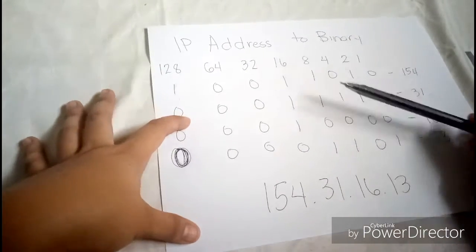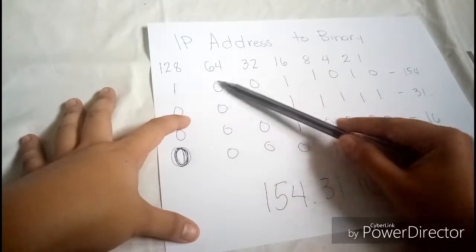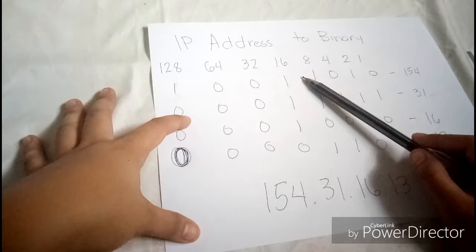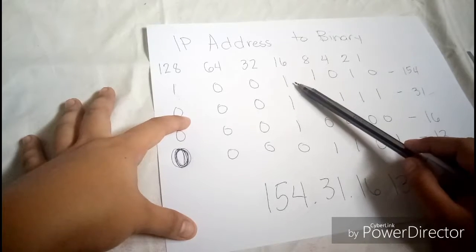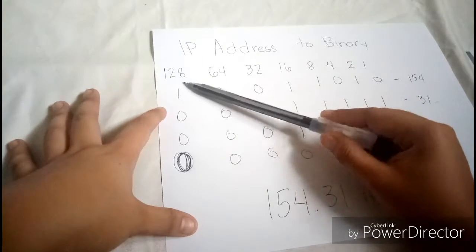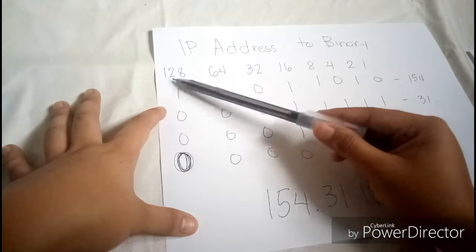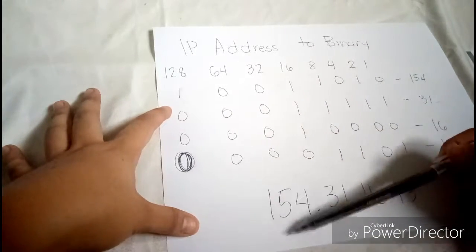So what we will do is put 1 here, which, if we add them, will have the sum of 154. So it's like this. I put 1 on 128 because it is less than 154.